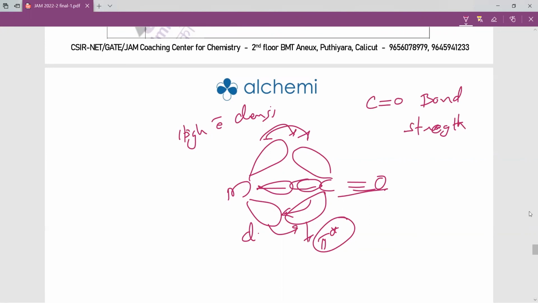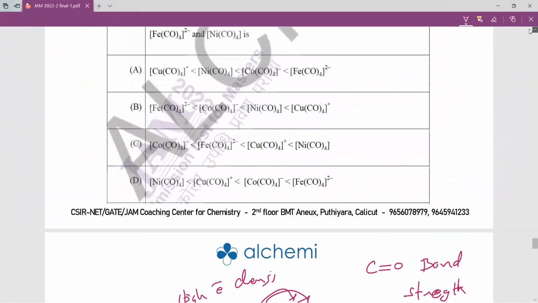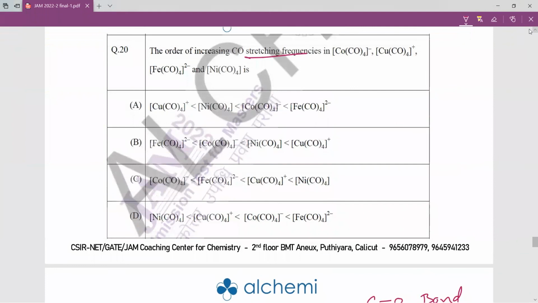So that is how it affects. If you look at the options and the question, the question is about the CO stretching frequency. How are bond strength and stretching frequency related? The CO stretching frequency is directly proportional to bond strength. If bond strength increases, CO stretching frequency also increases. So if you look at the options, you can see some have a negative charge and some a positive charge.